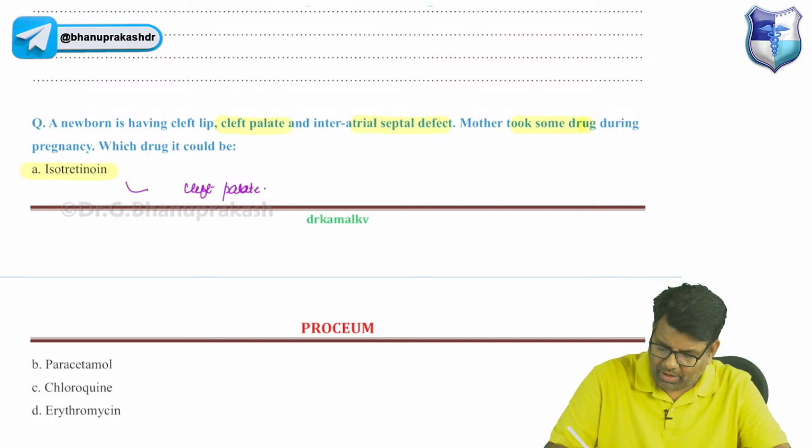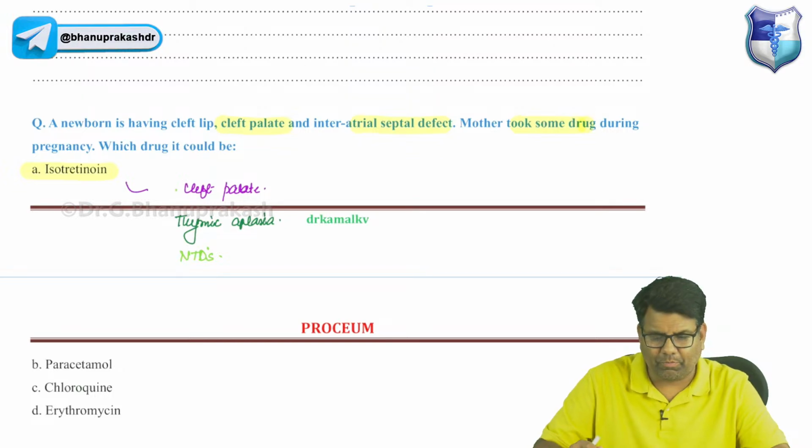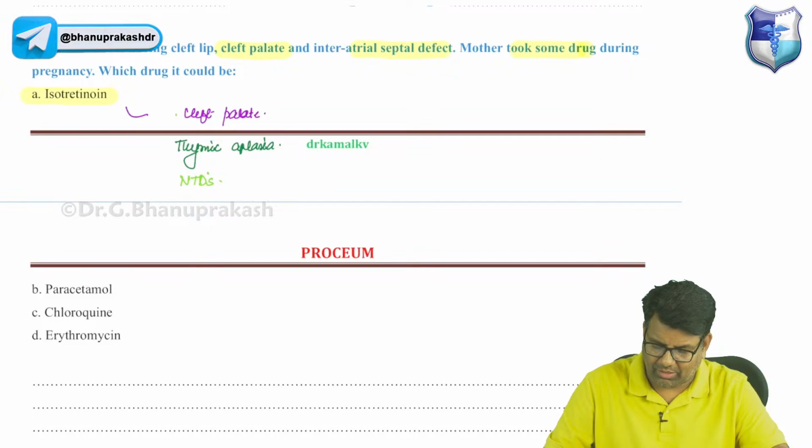Apart from this, there can be thymic aplasia, and also neural tube defects. Cleft palate is classical as a teratogenic effect of isotretinoin.